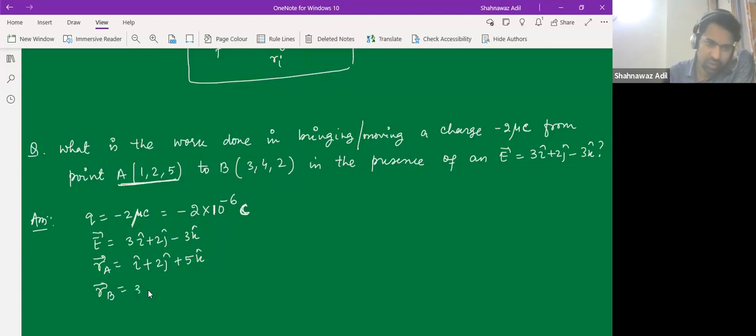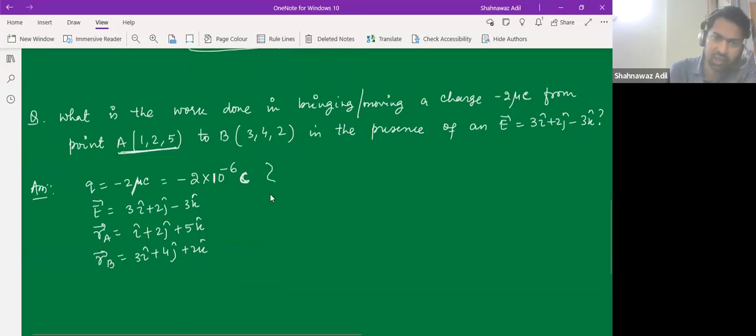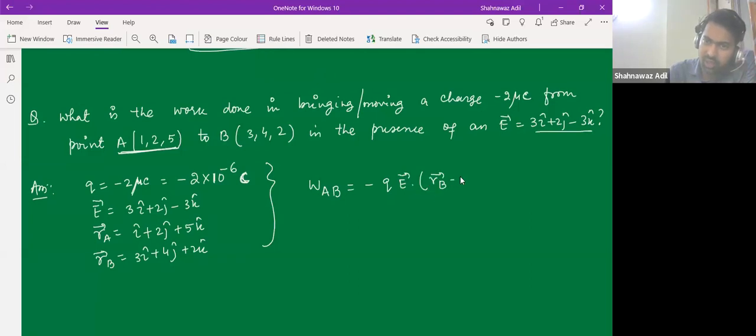Absolutely correct. So we know all the things. We have to calculate the work done in moving a charge from point A to point B. This is a uniform field, so we will use minus Q E dot (R B minus R A). So this would be the work done. Q we know is minus 2 times 10 to the power minus 6.